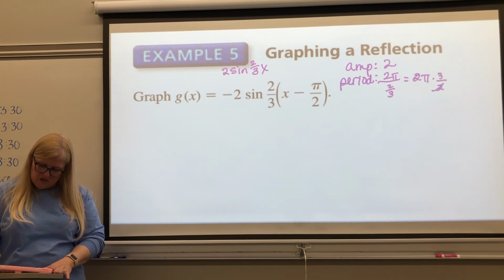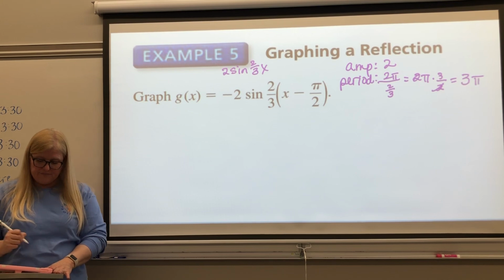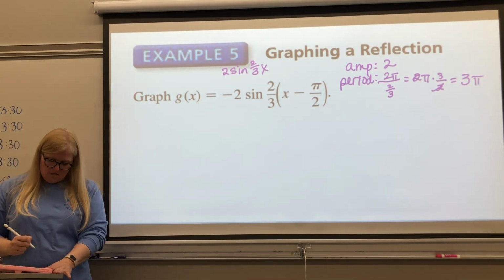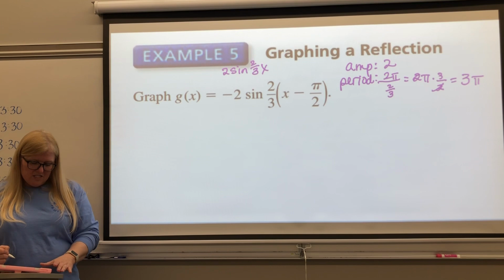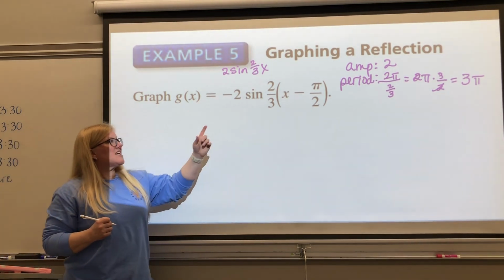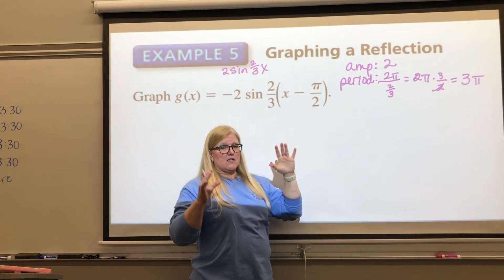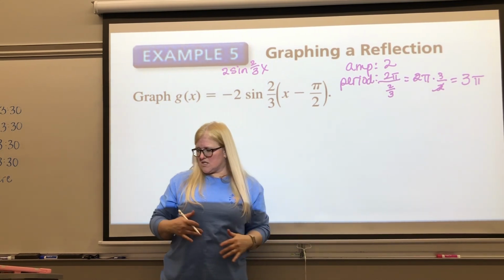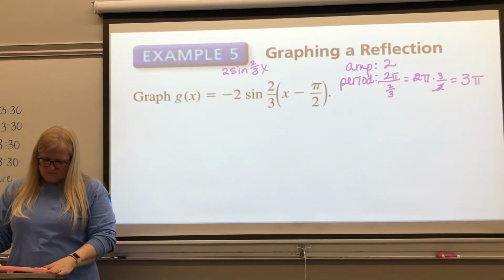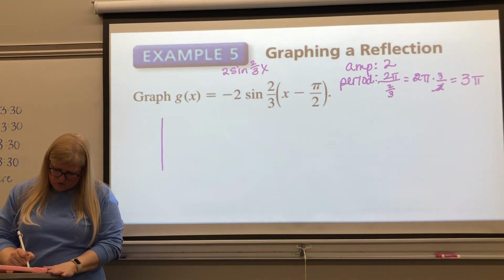The 2's cancel, so it's 3 pi. And this one is going to reflect, and it's going to move to the right pi halves, which isn't a lot. Still going to give myself some extra room though.